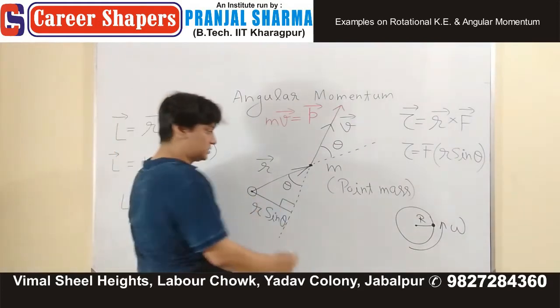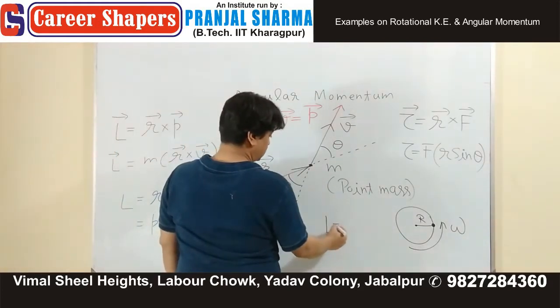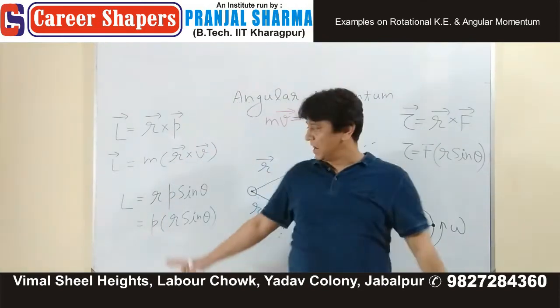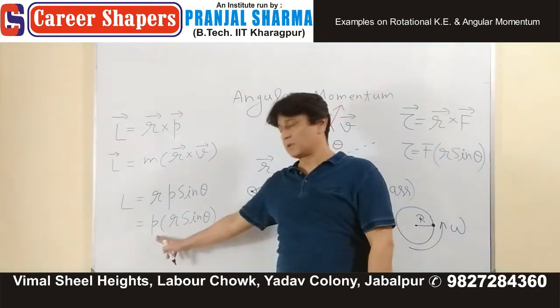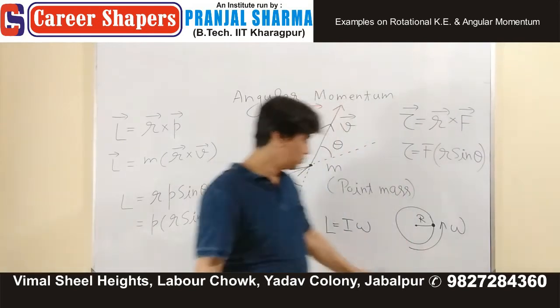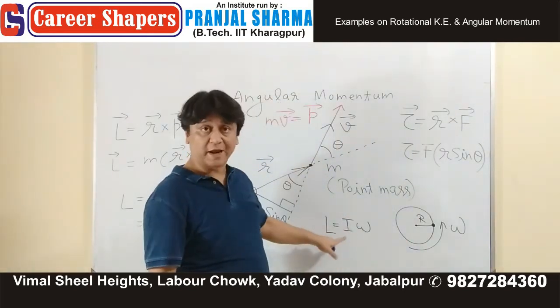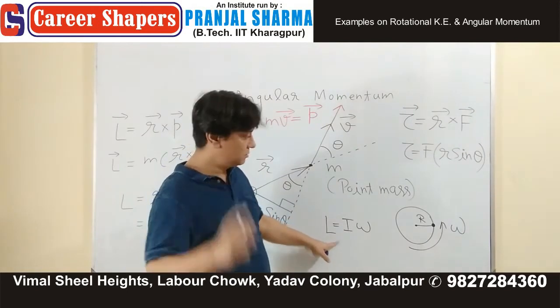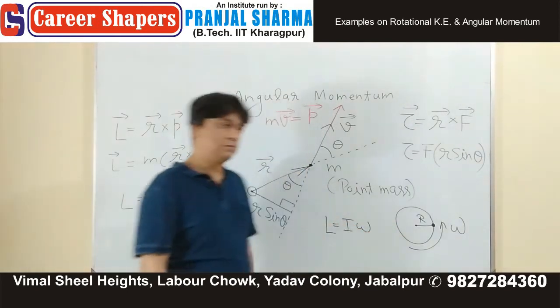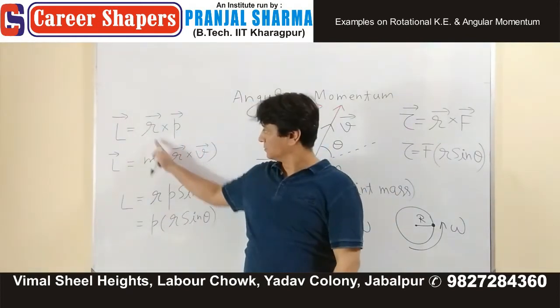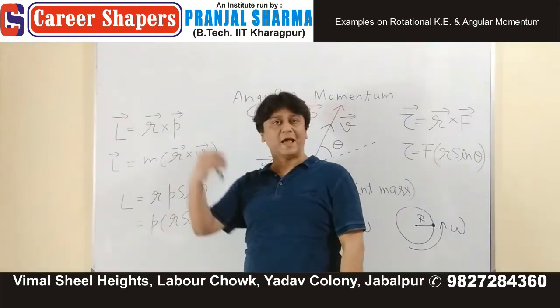Then for this, in the last class we developed same L, upon simplification, becomes what? I omega. So this was the case, this is the case strictly for what? Circular motion. This one is for any type of situation.